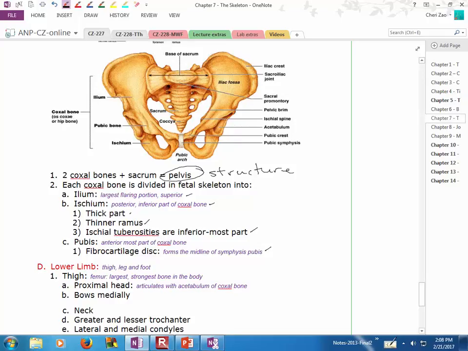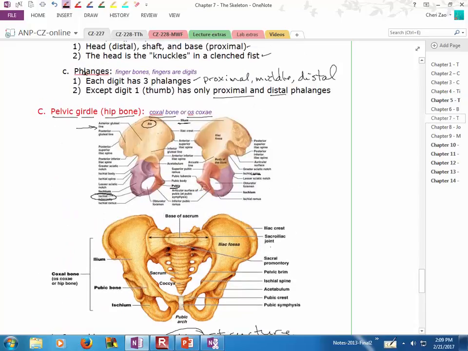Now, one of the things that's kind of helpful is figuring out how to remember where you're going to make your lines, if you have this as a task, for showing the ilium, ischium, and pubis. And so you need to take your pipe cleaner and go across the acetabulum a little bit above halfway and make a line. That's the ilium.